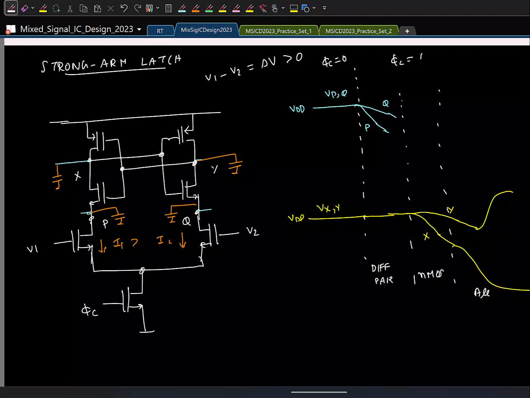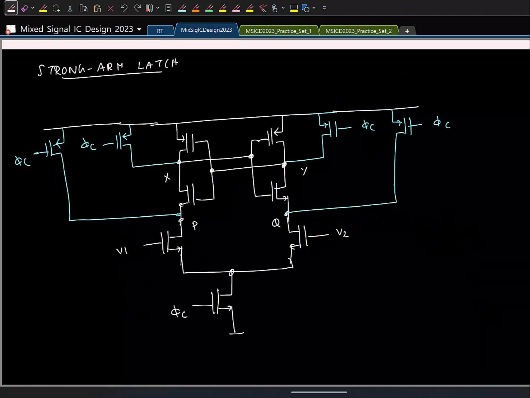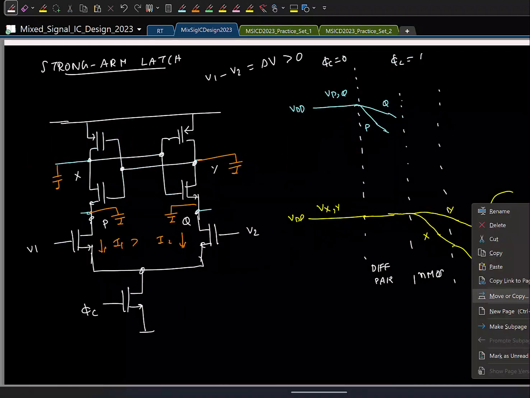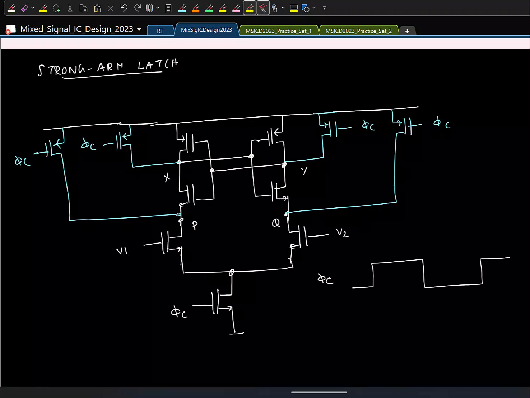Great. And let's look at one more thing. I'll probably copy this. Yeah, so let's say I draw the clock phases here, phi c. Let's look at the power consumption here qualitatively.